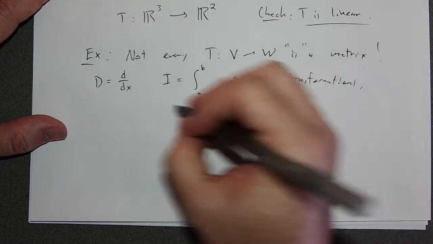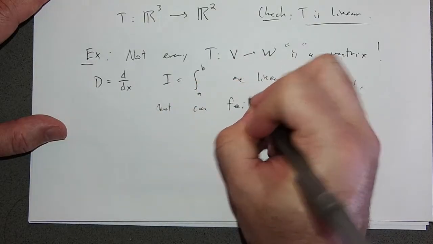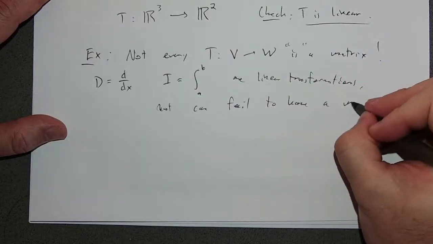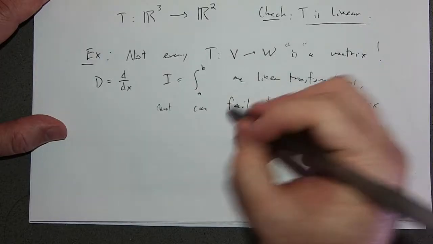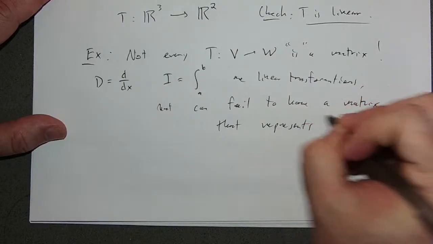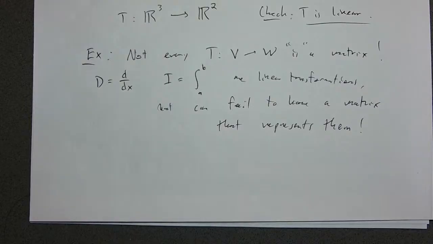But they can fail to have a matrix that represents them. These are your canonical example of a linear transformation that might not have a matrix representative.